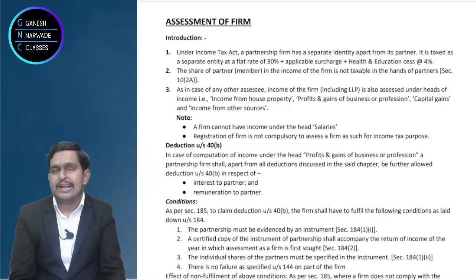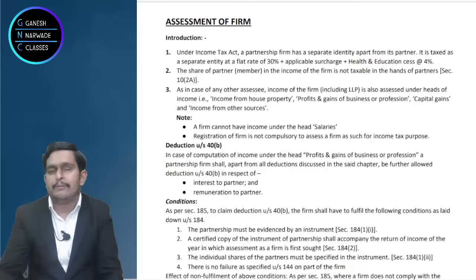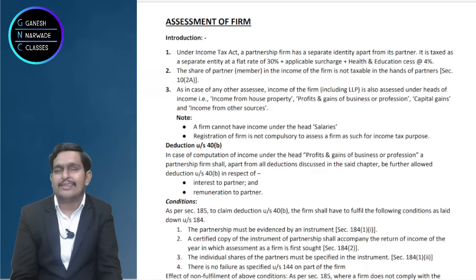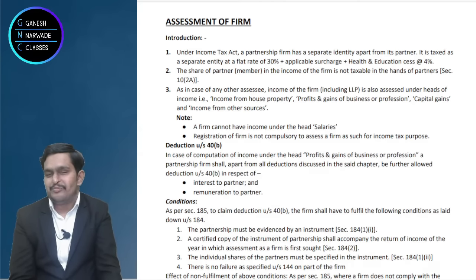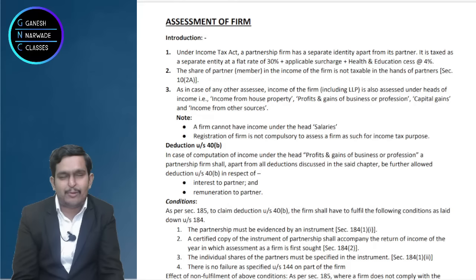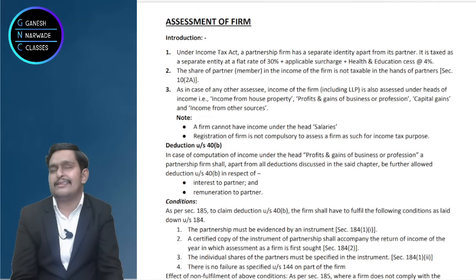Yes, but that deduction can be claimed only if conditions under section 184 are satisfied. Now, please understand, who is giving the deduction? 40B. And who is talking now? 184. What is 184 telling? Satisfy conditions under 184 to claim deductions under section 40B.